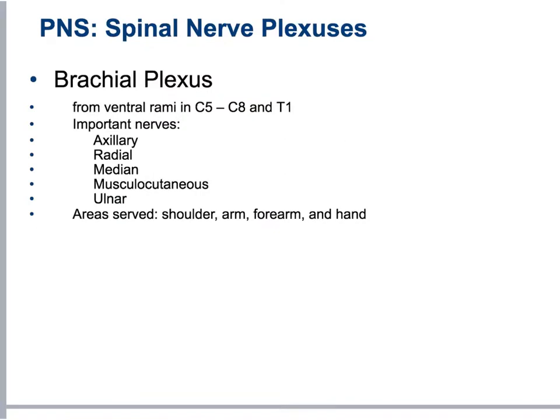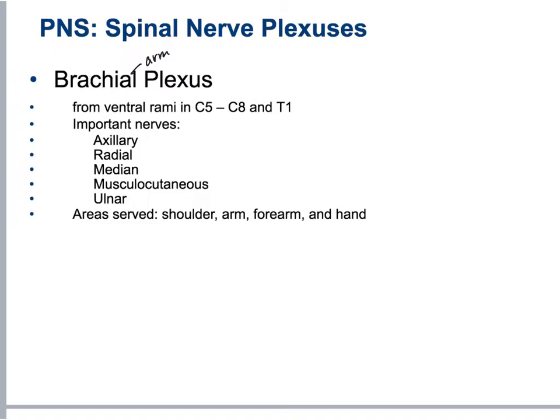Okay. From the brachial plexus, you have a couple different ones, okay? And if you note, brachial means what? It means arm, okay? This is from the ventral rami of C5 to C8 and T1. So the last part of the cervical spinal nerves and the first part of the thoracic nerve, okay?